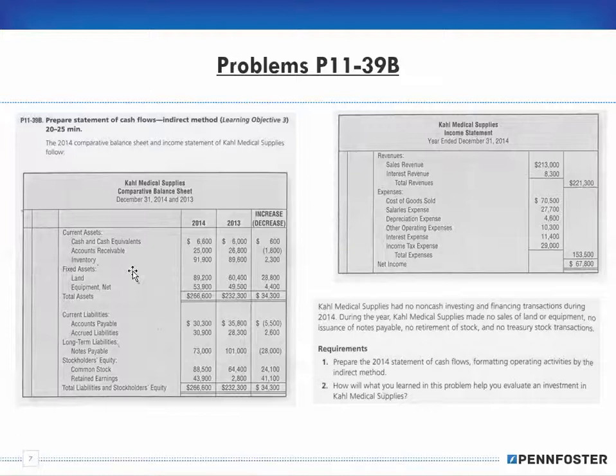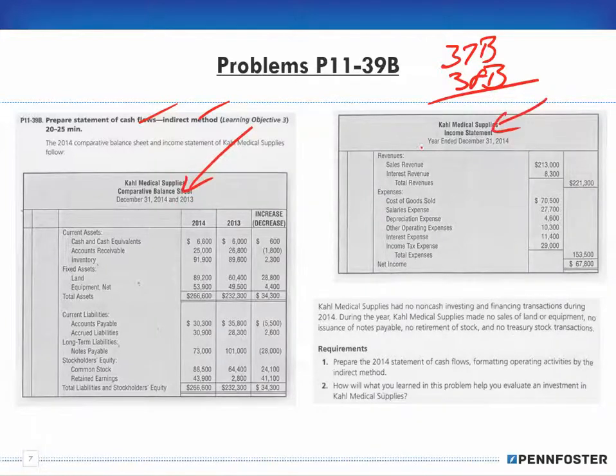So I'm going to pick up here with 11-39, and it says, again, prepare a statement of cash flows using the indirect method. In the previous video, for problems 37B and 38B, we're basically doing the same thing. We're creating a statement of cash flows using the indirect method, but the difference is how the data is presented.